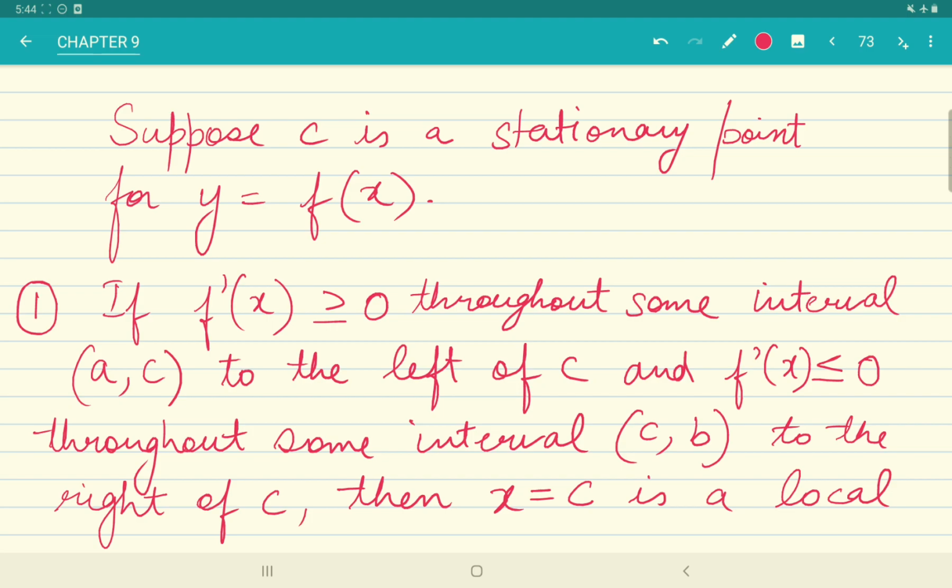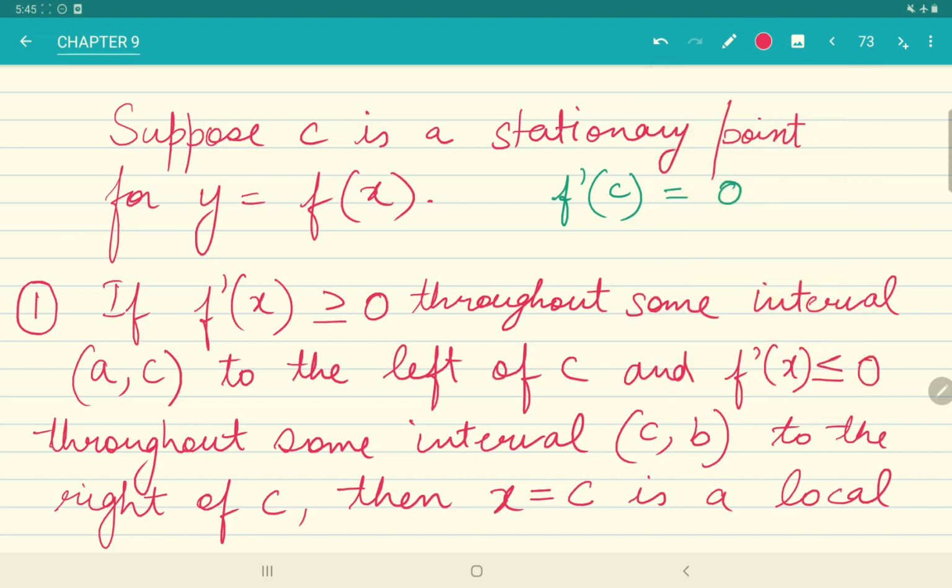Then what I mean to say here is that the function is increasing to the left of c, it is decreasing to the right of c. That just means that x is equal to c, and I know that c is a stationary point. That means f prime c is equal to 0. If I say that suppose c is a stationary point for y is equal to f of x, that just means this: f prime c is equal to 0.